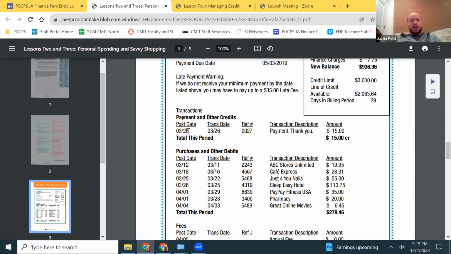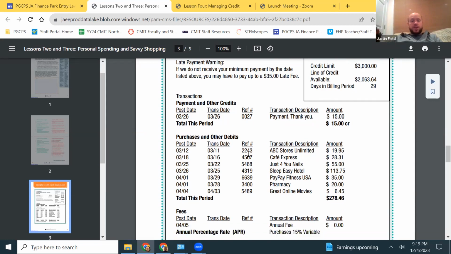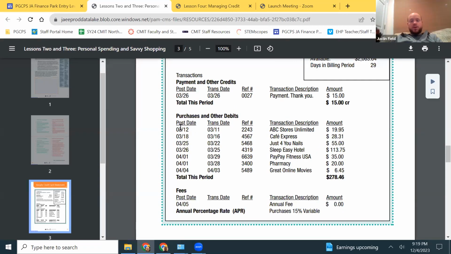You can see that basic. Okay, so this is another important part. You can see these are her transactions. So she went to ABC Stores, Cafe Express. These are the different stores that she went to. Pay Fitness USA. Look at that.